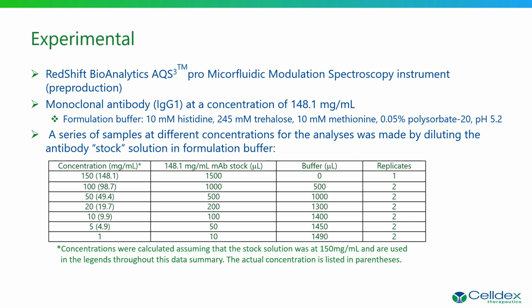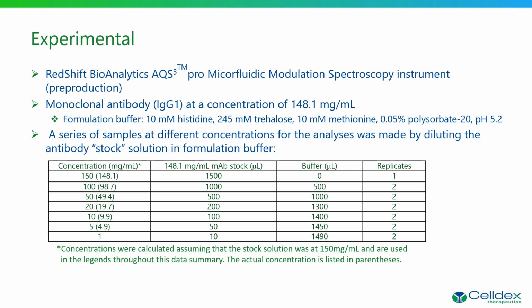The data I will be showing you and the analyses I will be discussing were acquired and carried out with a pre-production RedShiftBio Analytics AQS3 Pro microfluidic modulation spectroscopy instrument.